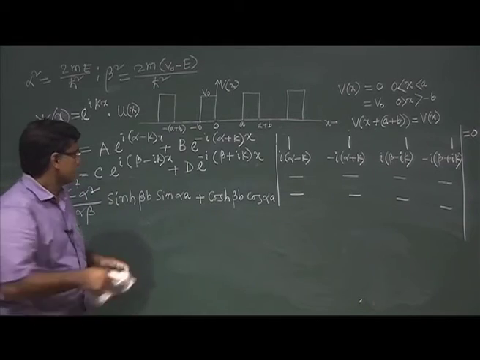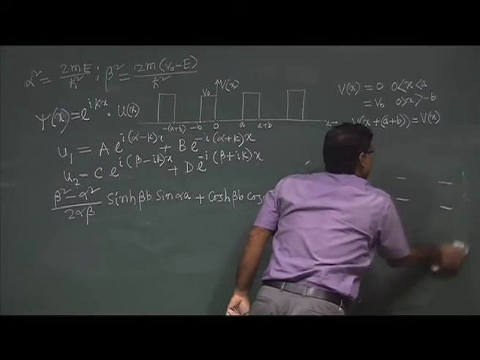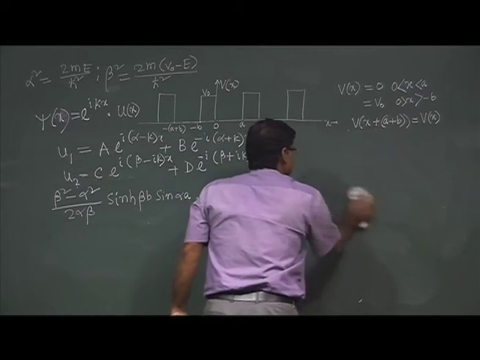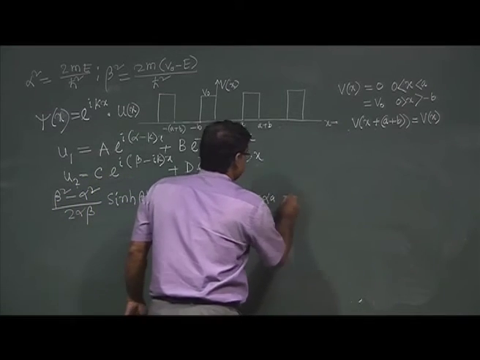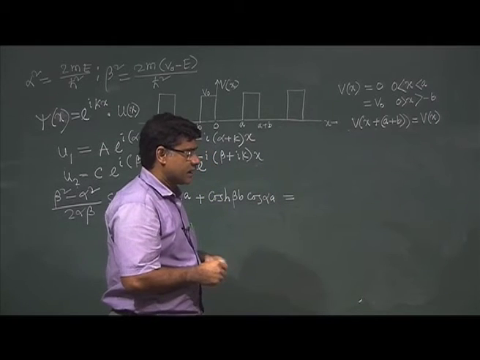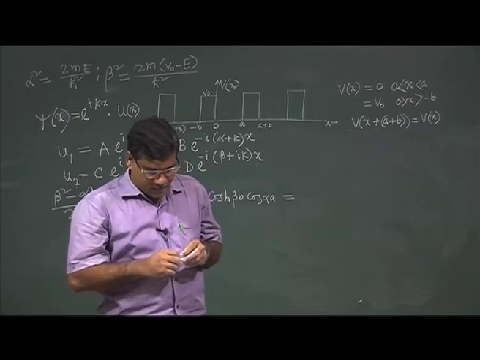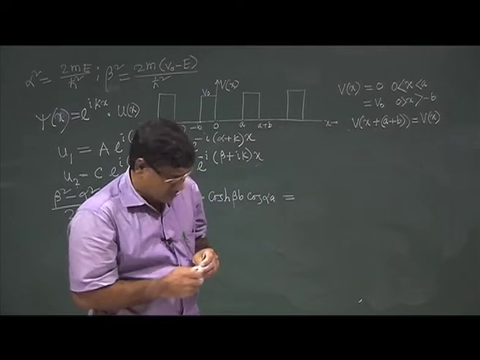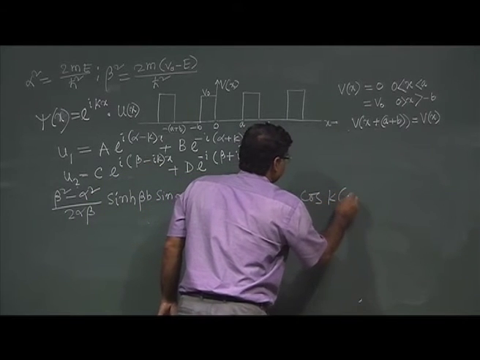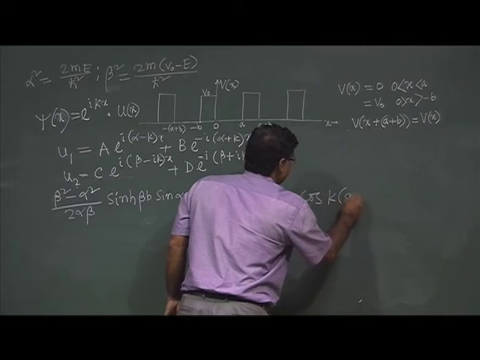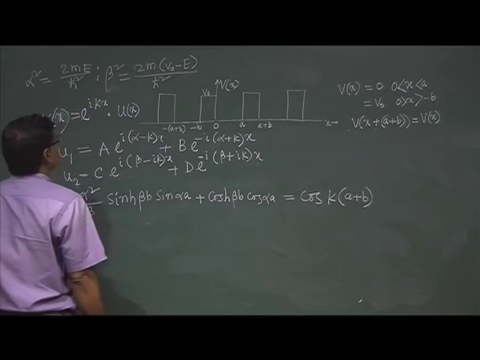So, from this determinant, finally we will get this condition, which will be equal to cos k a plus b.